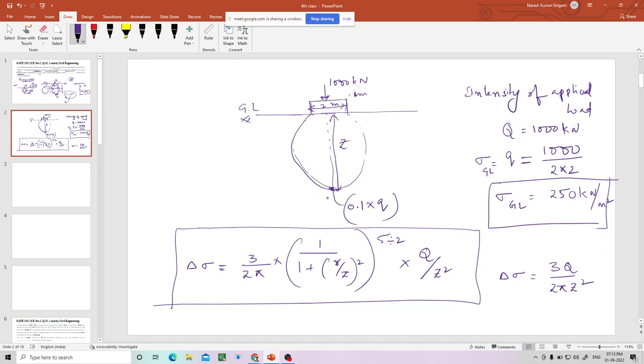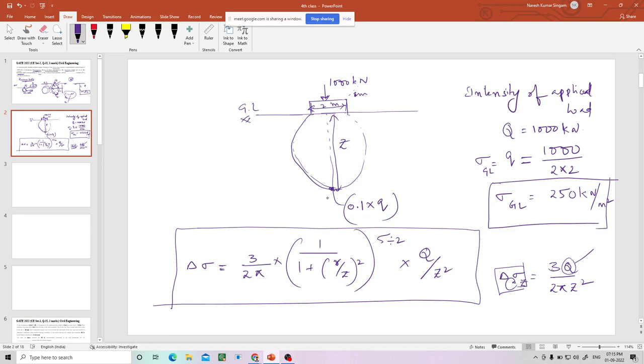So here q we know, and delta sigma at that depth z is 10% of the vertical load intensity.